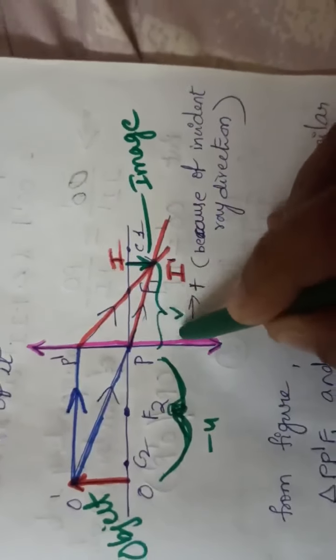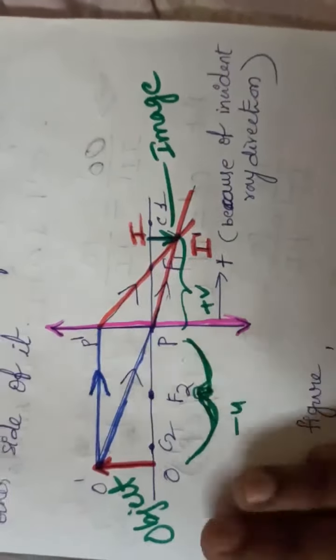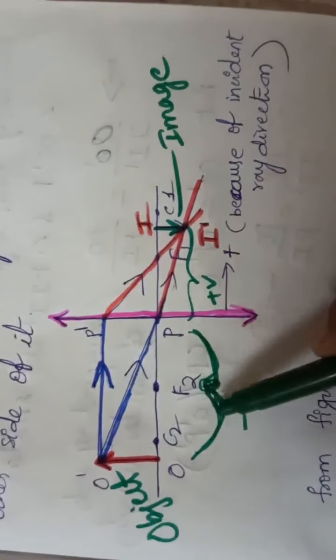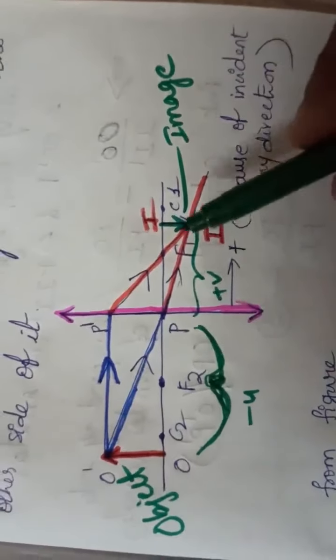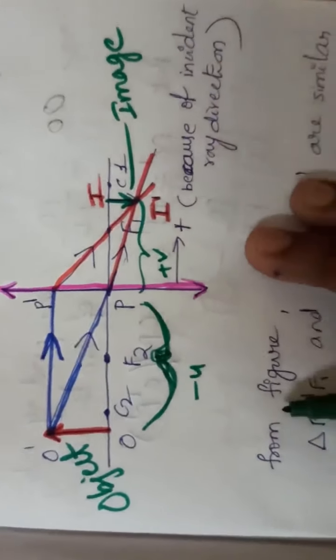PI dash and PI is the image distance, plus V here. In the direction of the incident ray these are positive values, and opposite to that the object distance we are going to take as minus. So for sign convention we need to know where to take positive and negative values.